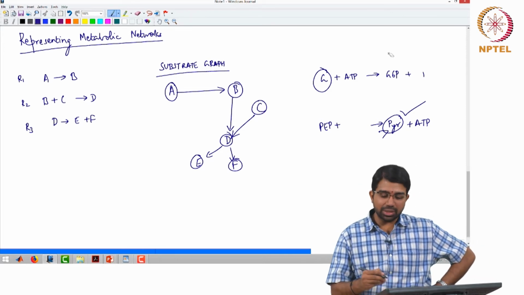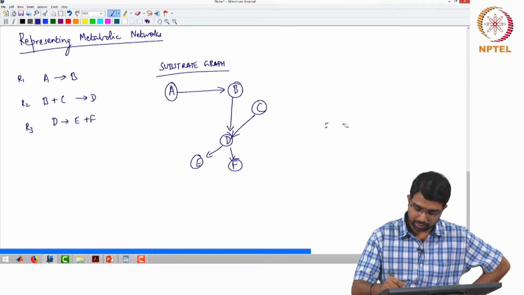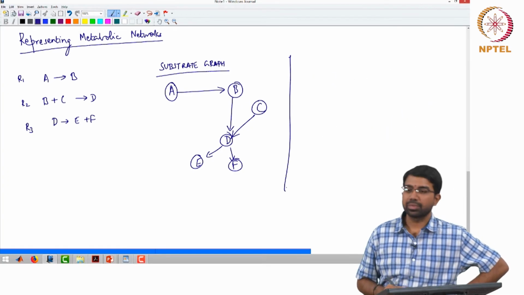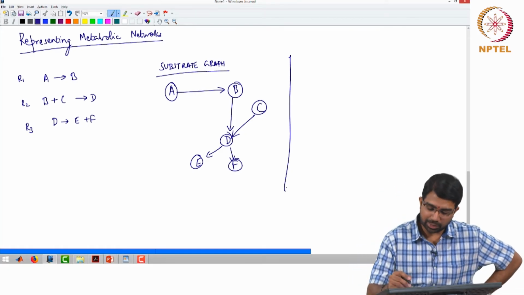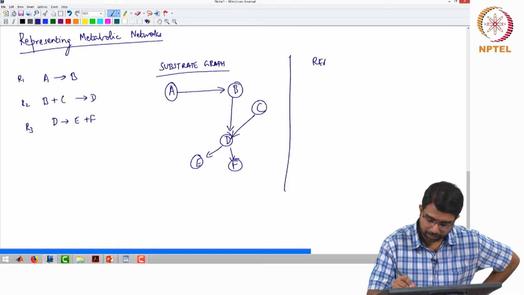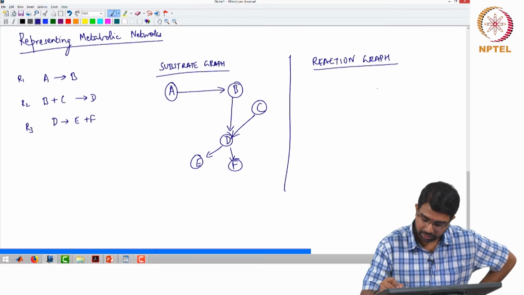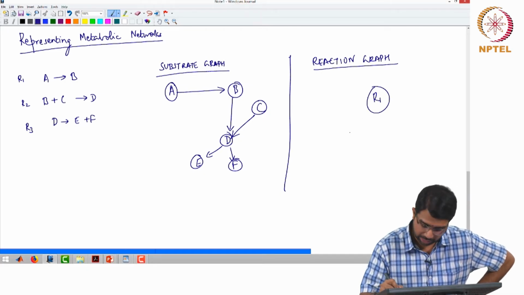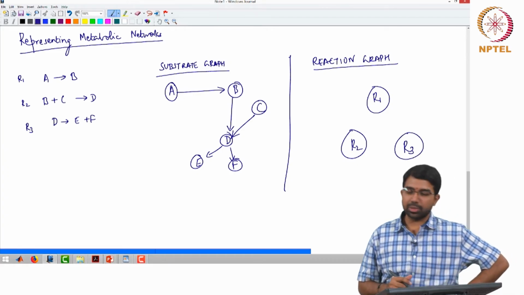But naturally you want to look for other ways to represent these graphs. Another way to represent this is what is known as a reaction graph. As the name suggests, your nodes are R1, R2, R3.